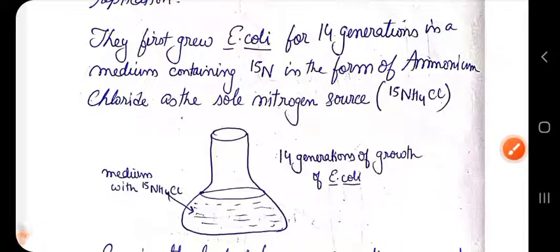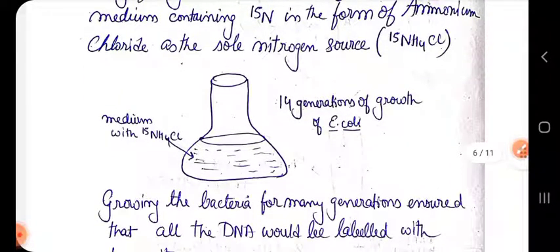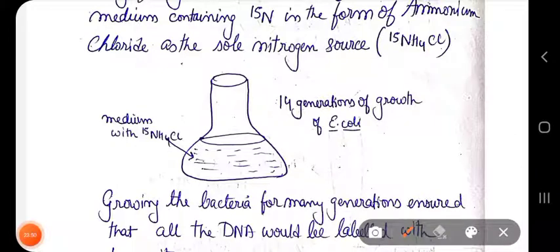So they grow the E. coli, Escherichia coli, for 14 generations in a medium that contains the heavy isotope of nitrogen in the form of ammonium chloride. Fourteen generations means 14 times 20 minutes, that means 240 minutes they grow.